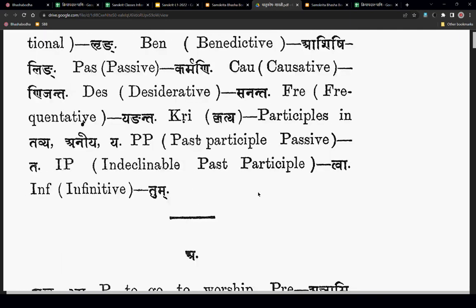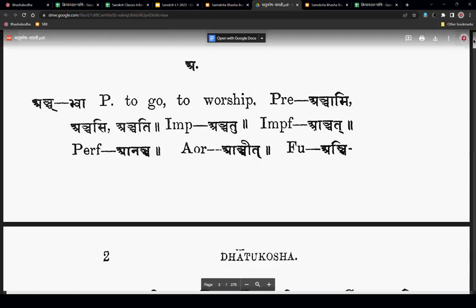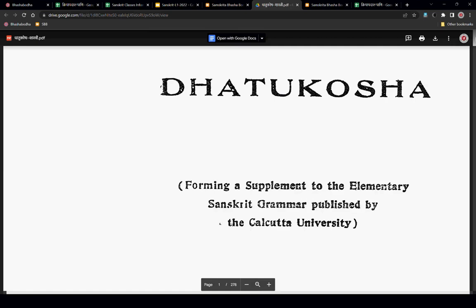For example, if you want to find the ni dhatu, scroll down; this is alphabetically ordered, not by English, but by the Indian order. So you go to ni, where the na is.